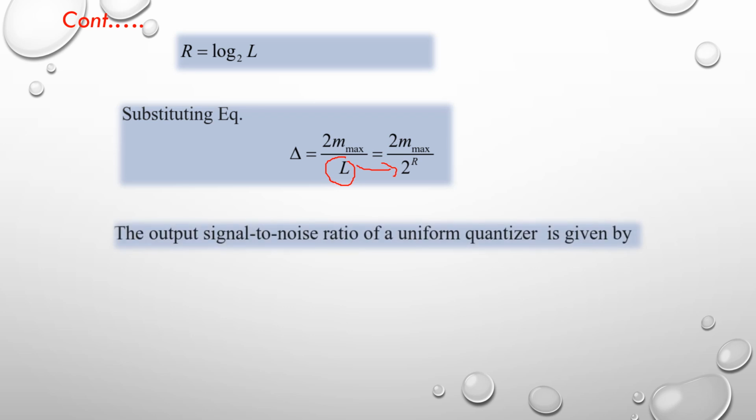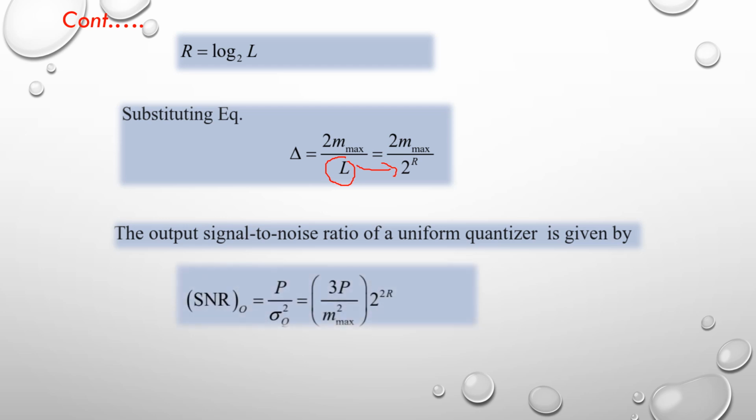Our main intention is to find the signal to noise ratio of the uniform quantizer. For the uniform quantizer, the signal to noise ratio is equal to P divided by sigma q squared, where P denotes the power of the message signal m of t.